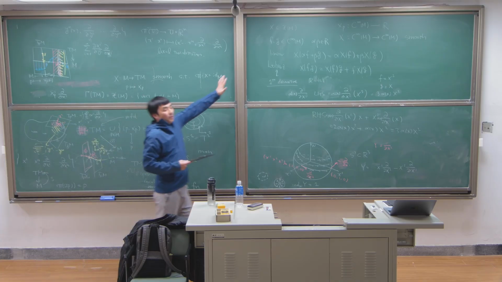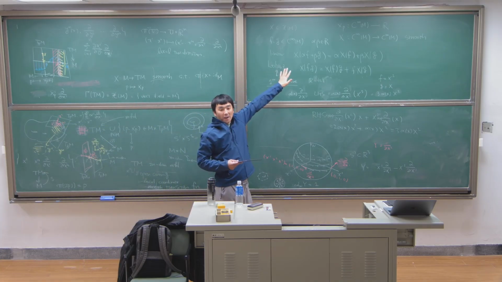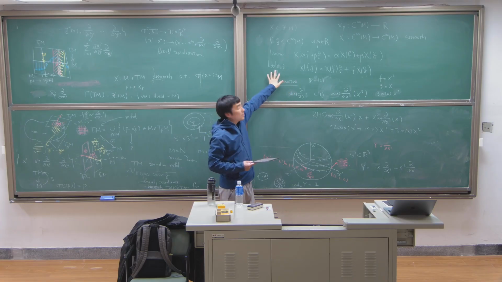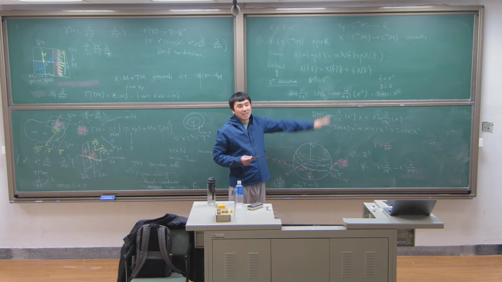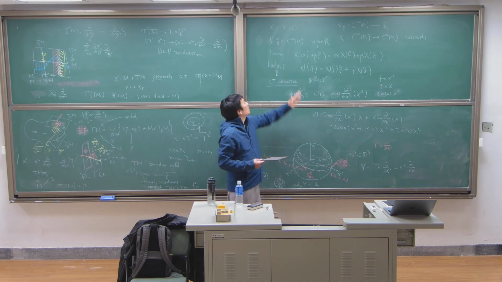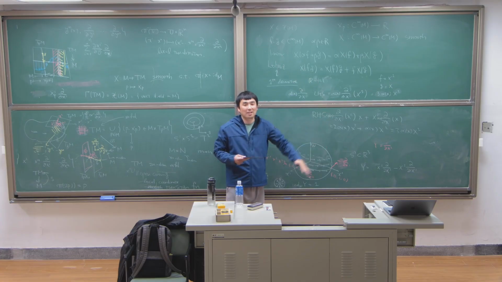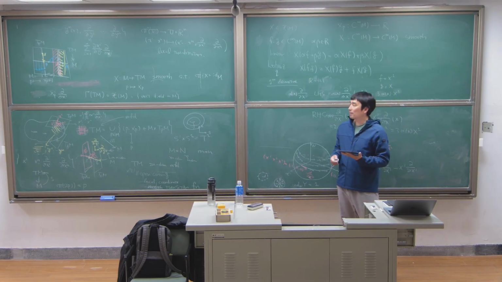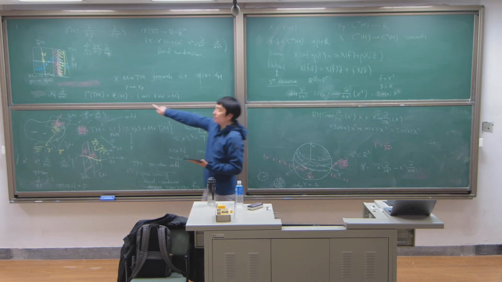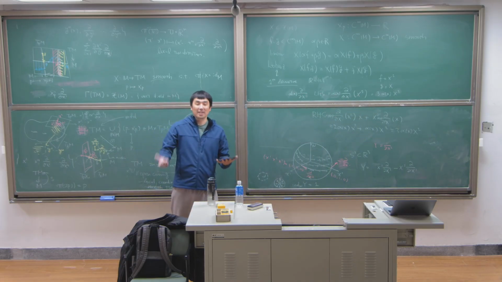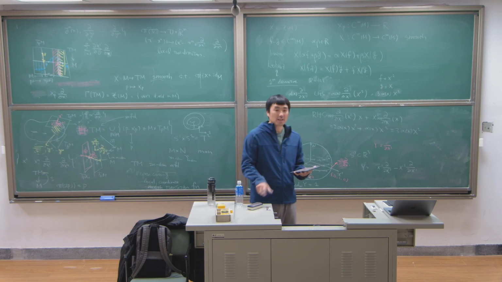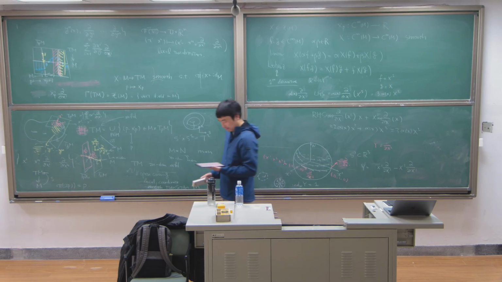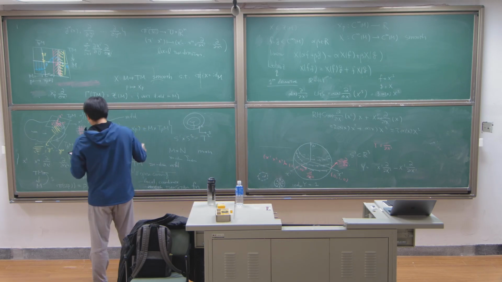If you look at the definition, it's so boring. But it has a meaning. So this Leibniz rule is the first derivative, that is the meaning. And the linearity means that the space of vector fields is linear. You can add them up. That's what it means.